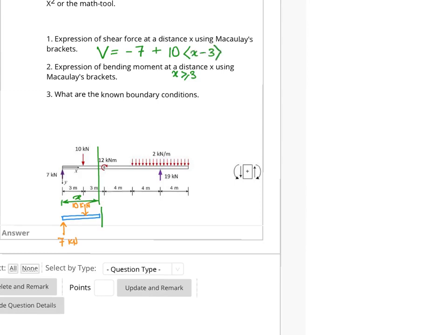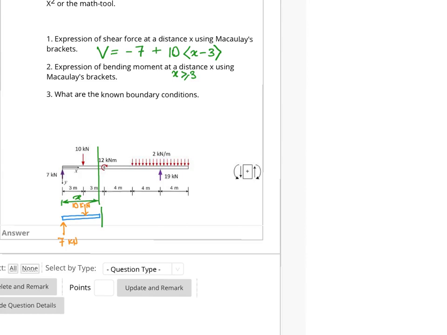That means the second term would be available only when x is more than 3 meter. Now, when x is, let's say, 4 meter, the Macaulay bracket would be 4 minus 3, which is 1, times 10, fine, as a shear force. But when x equals 5 meter, the Macaulay bracket will give 2, so 2 times 10 is 20. That's not the shear force contribution due to the 10 kilonewton.